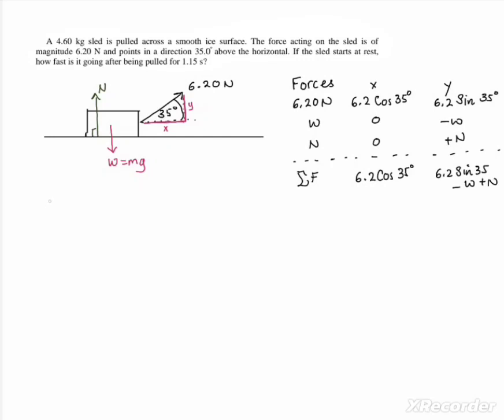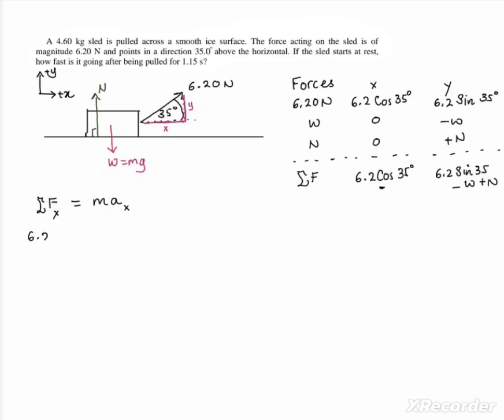Let's look at Newton's second law, F equals ma, in the x direction. As a rule of thumb, if the system is moving in the x direction, in this case it is, it's good to start with the x direction. So Fx, this is the sum of all the x components, which is right here.